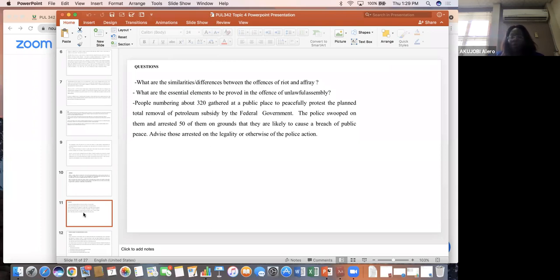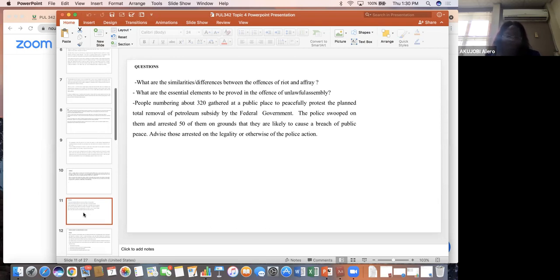The police swooped on them and arrested 50 of them on the ground that they are likely to cause a breach of public peace. Now you have to advise those arrested on the legality or otherwise of the police action. You should be able to answer this, having understood the elements of unlawful assembly, with authorities, both judicial and statutory.